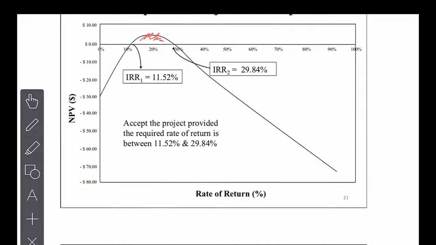So this doesn't force you as an analyst to one discount rate. You give a range, okay? So anything between 11.52, or you can even say just 11, and 29.84 or 30 will be sufficient.